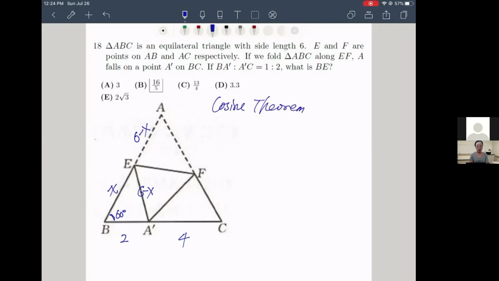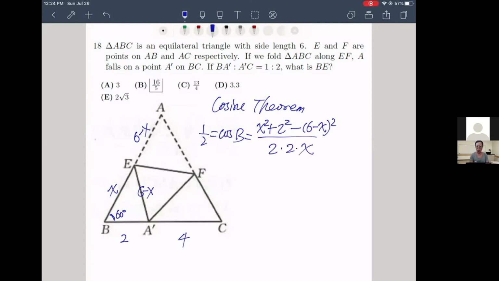If we use the cosine theorem, that says that the cosine of B, which is 1/2, equals x squared plus 2 squared minus (6 minus x) squared, then divided by 2 times 2 times x.